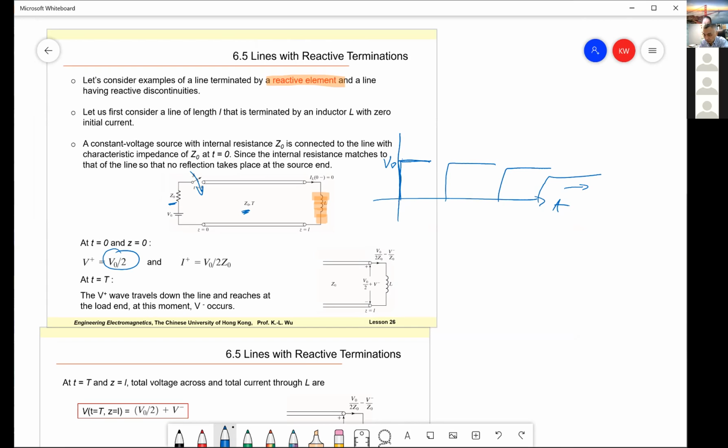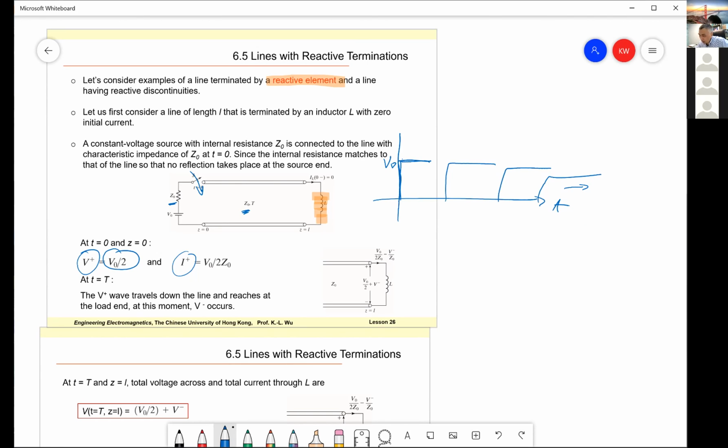Because this is before reaching the end, this is still a traveling wave, right? Because there is no reflection, for a traveling wave, the current is just the voltage divided by the characteristic impedance. So this is easy to know.